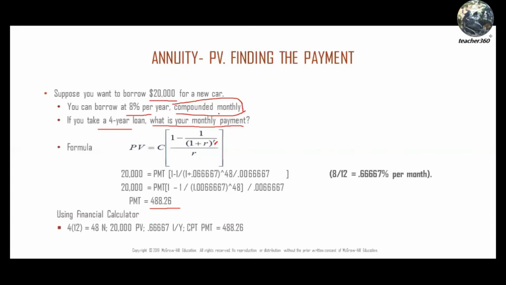So your total months is 12 in a year, and your loan is 4 years, so your total time period will be 48. The same if you use a calculator, your N is 48. Your present value is $20,000. Interest rate in each month is 0.66667. Then press CPT PMT, and you'll get 488.26.